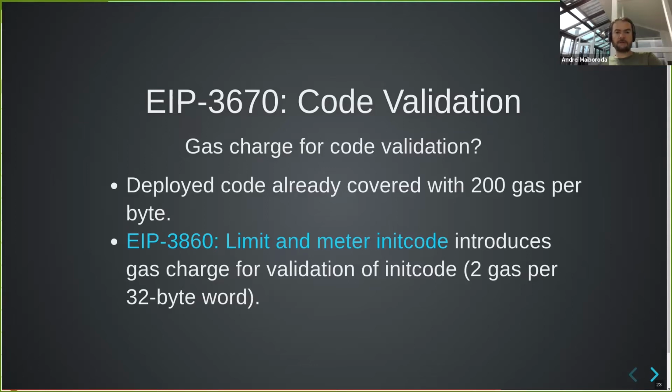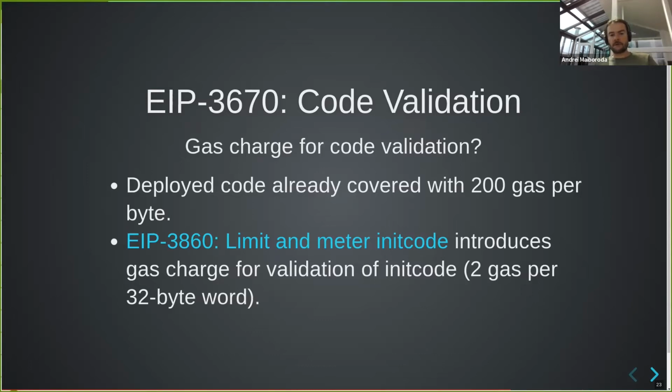For the deployed code, we already pay 200 gas per each deployed byte, and that is quite a high price. It accounts for the storage for the new contract, and we think it's not reasonable to increase it just a bit for one gas or something. We think it is enough to cover the validation of the deployed code as well.